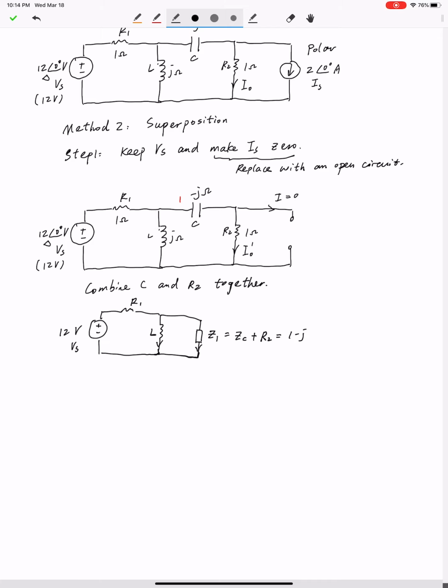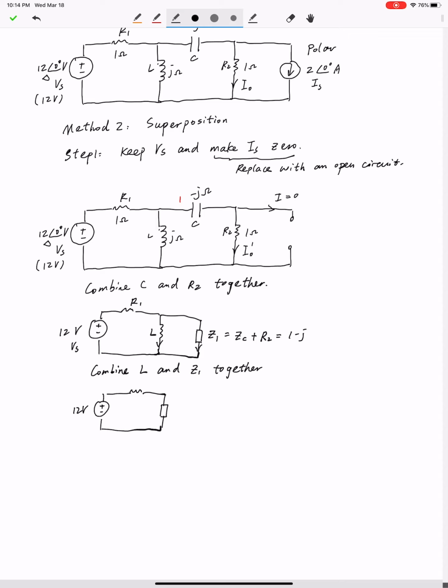So we can combine L and Z1 together. Since they are connected in a parallel way, we need to use the parallel equation to find the overall impedance of these two components.